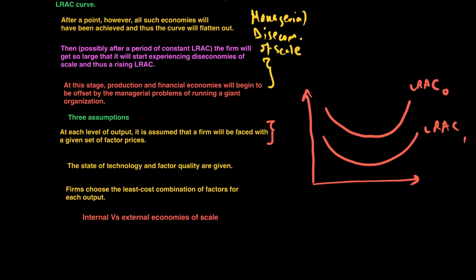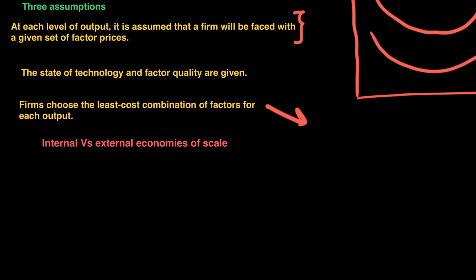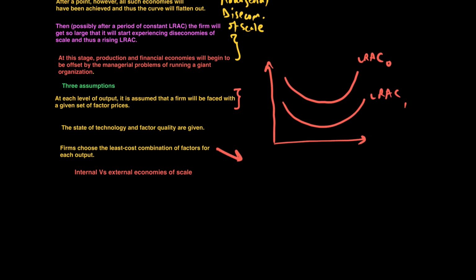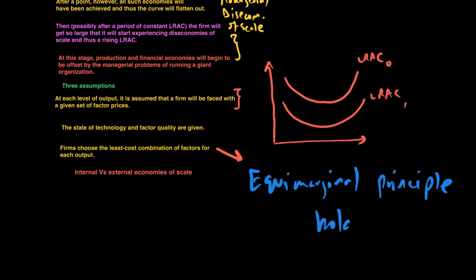And the third thing we need to remember is that the firm chooses the least cost combination, which means that the Equi-marginal principle holds true. So we need to remember that as well. So when we're drawing LRAC, we are assuming that the factor cost is not changing, and the technology and factor quality is not changing.